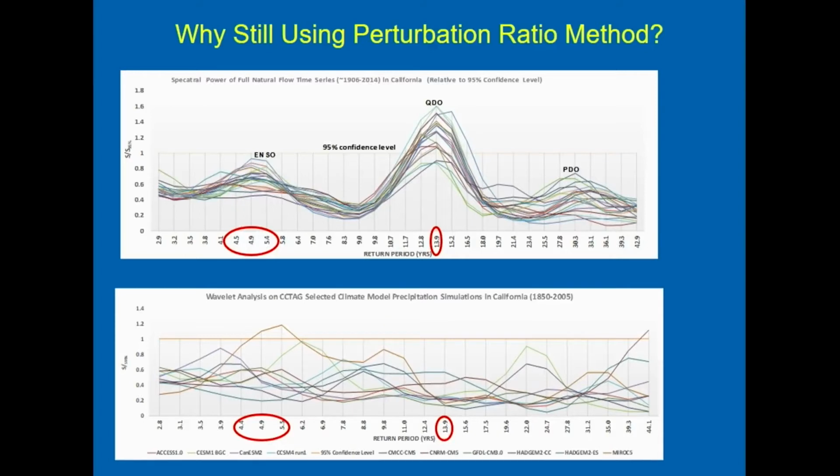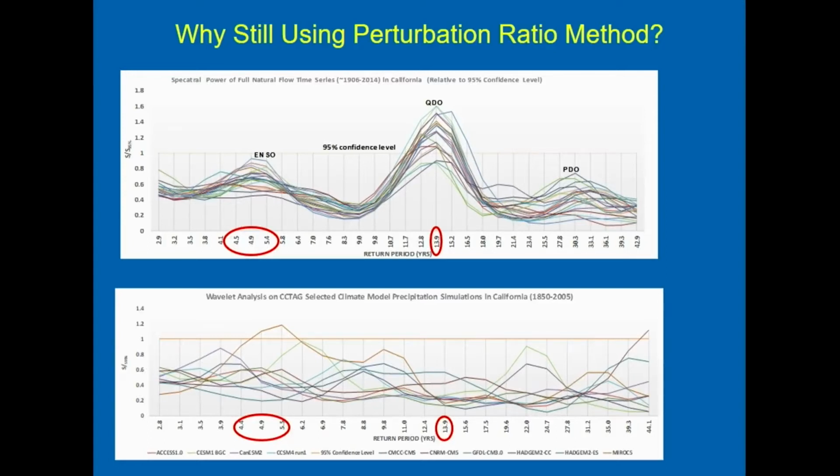GCM simulated historical climate. With the same wavelet analysis, you can see these two climate models didn't generate ENSO, QDO, and PDO well.